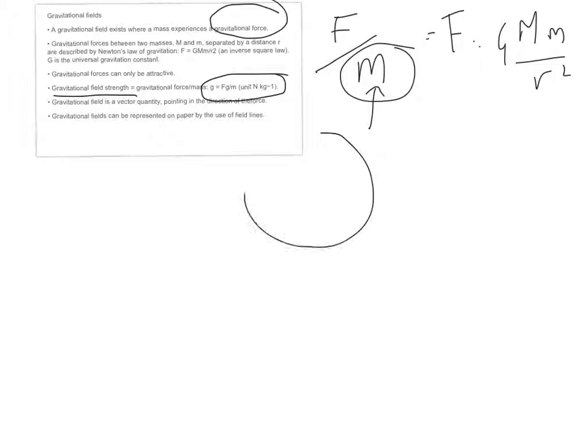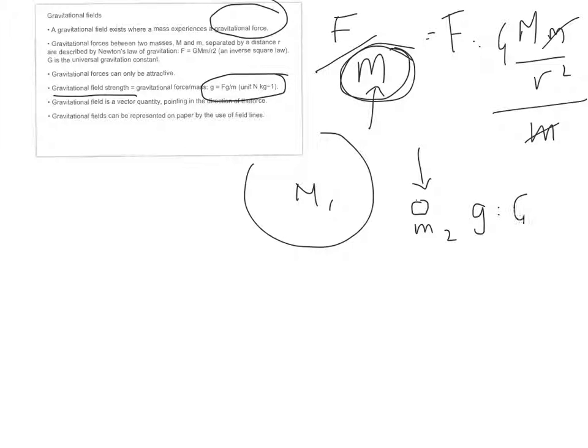So for example, if we're looking at a satellite orbiting the Earth, that would be your small m, your big M, or your M1 and M2. And your mass that you're dividing by is the mass of the object in the field. So we would divide the force by that mass, and we would end up with small g, gravitational field strength, equals G M, mass of the planet, over r squared.